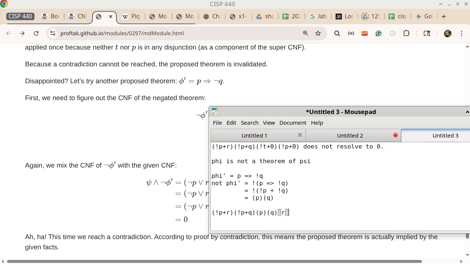We look at the second component of the CNF, and we ask very much the same question. Okay, I think I made a mistake somewhere. Maybe not. Something is not making sense here.